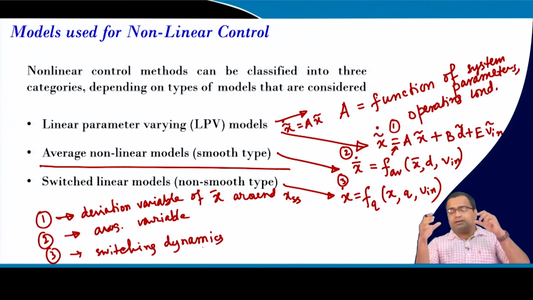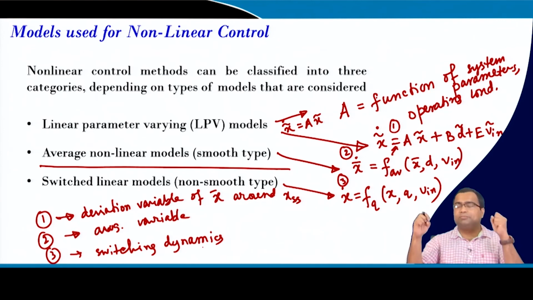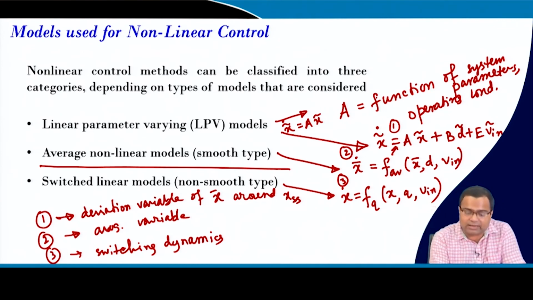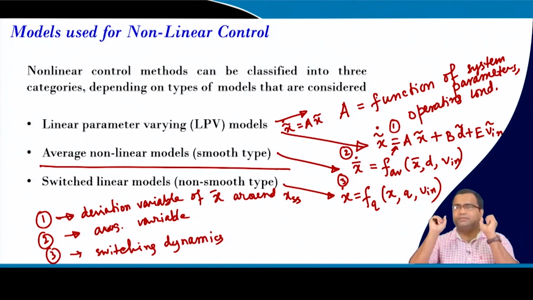So, in effect, the third one is the most accurate one, but it is also the most complex one because it has switching dynamics. The second one is moderate and reasonably good, because you can vary the duty ratio widely, except for the saturation limit, and this model can capture that reasonably.